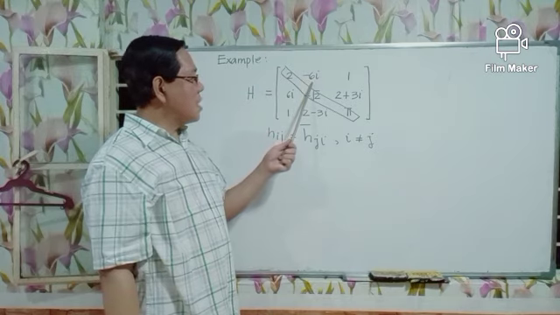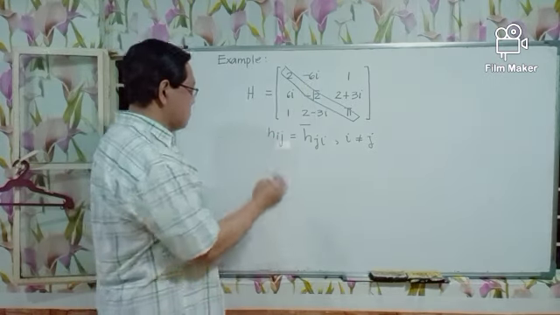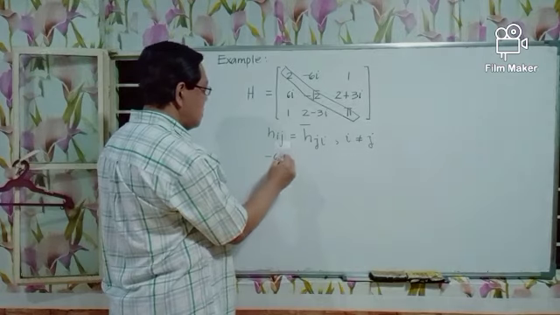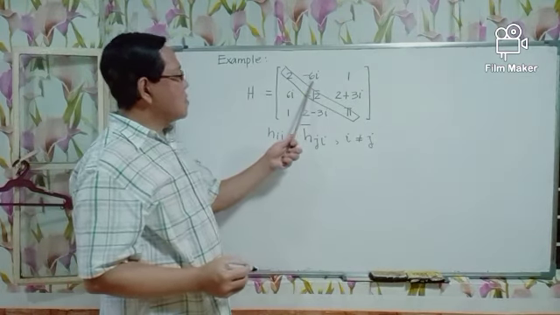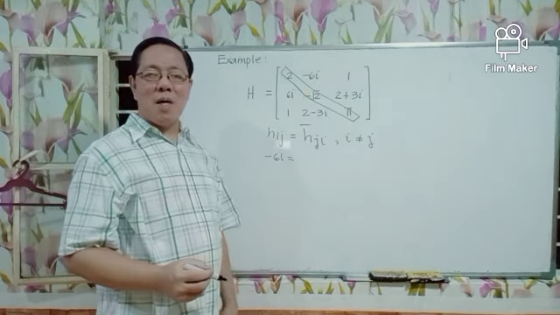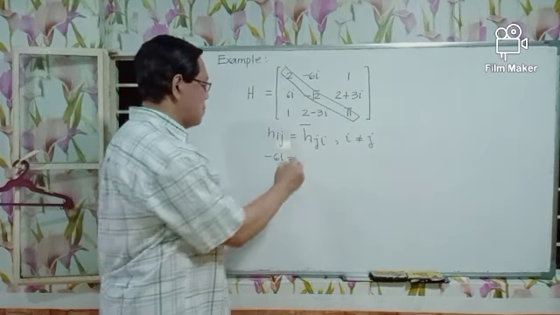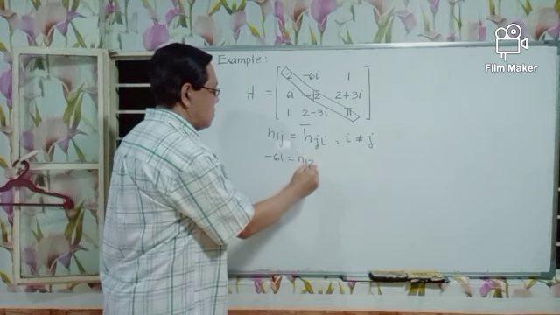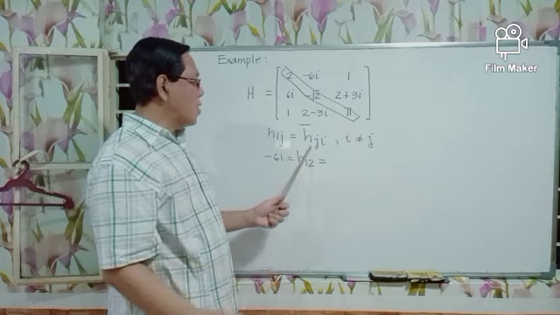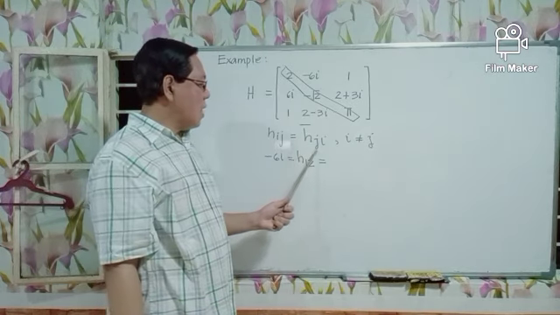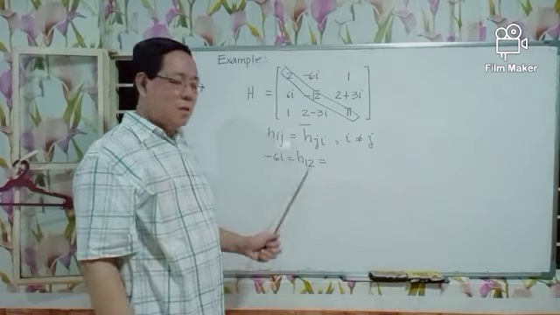We start with negative 6i. Negative 6i is the entry in the first row and second column, denoted by H12. And we need to check if this is equal to the conjugate of H sub 21.